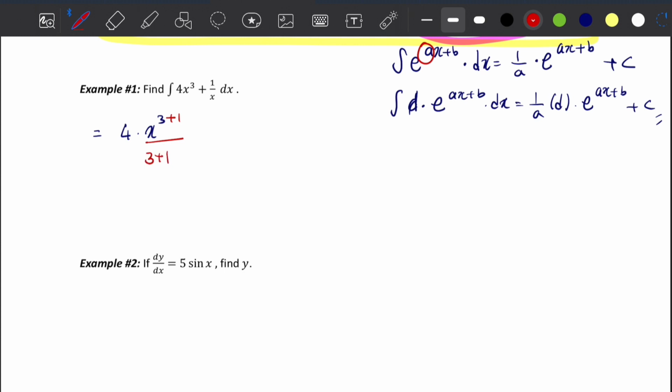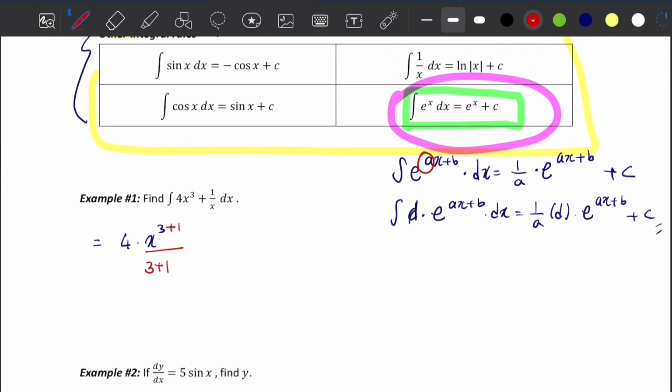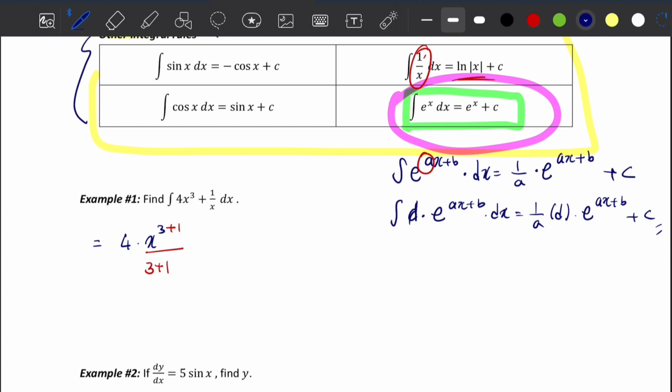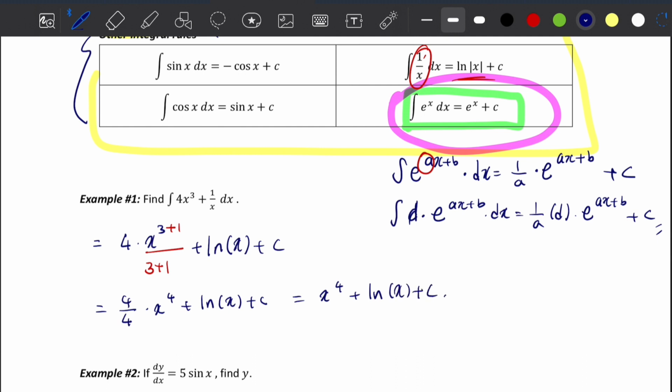For the 1 over x, we know that when we integrate 1 over x, it becomes the natural log of x. That's part of the rules that you need to memorize. So we have 4 over 4 times x to the power of 4 plus natural log x plus c, which simplifies into x to the power of 4 plus natural log x plus c.